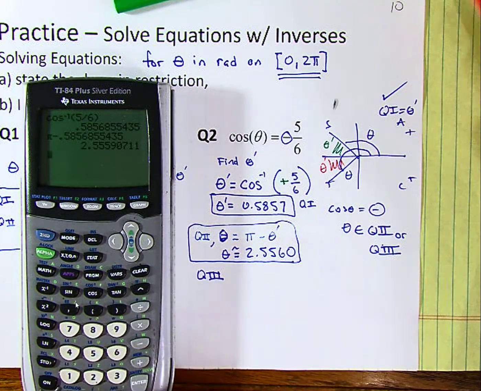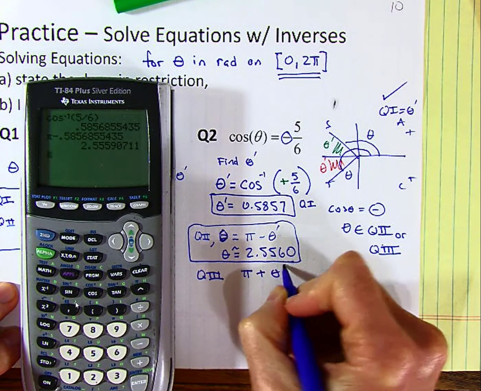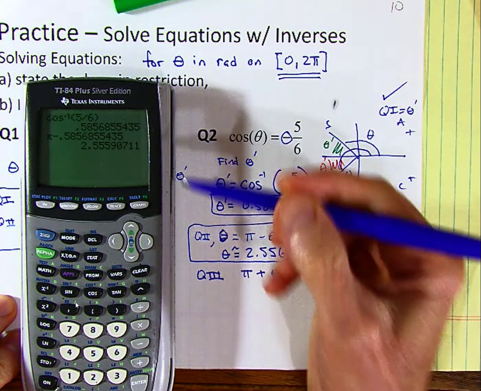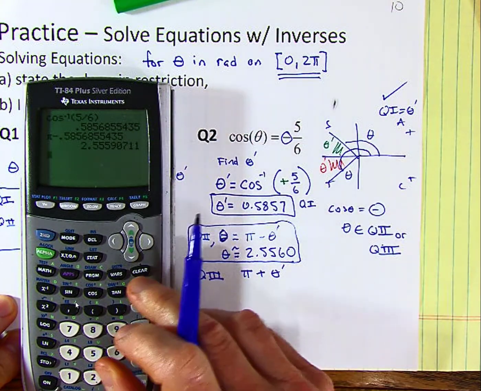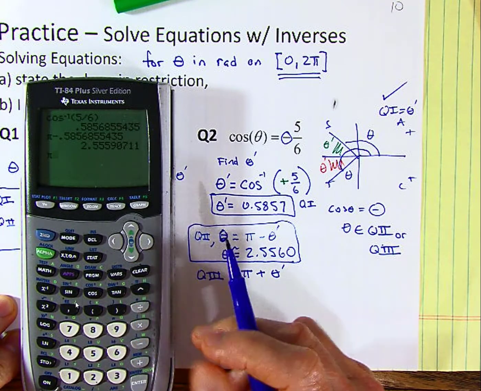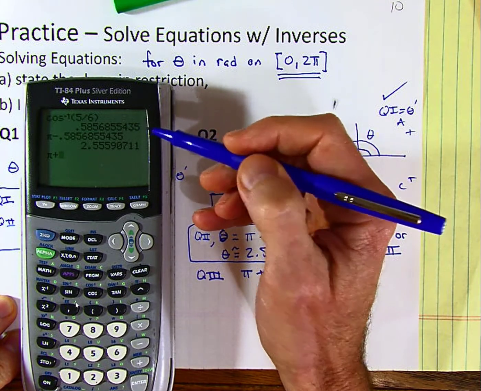So this time, I'm going to do pi plus the reference angle. And it's simple. I got the reference angle. It's in the calculator. It's still up here. There's a couple ways I could do this, but I'm going to go pi plus, and I'm coming up here to grab the reference angle.